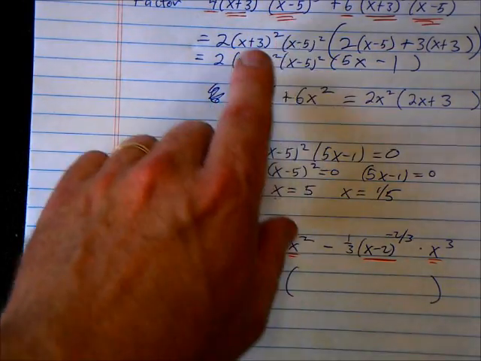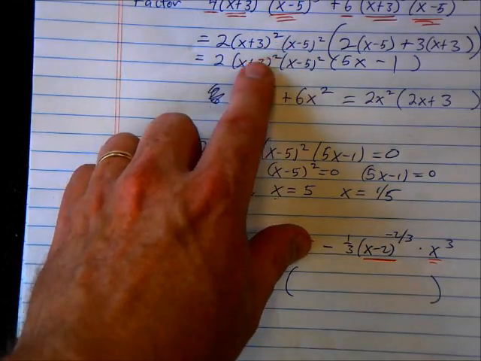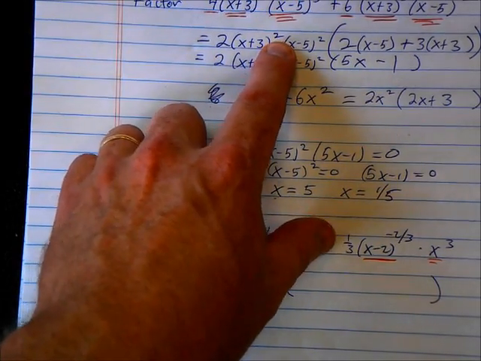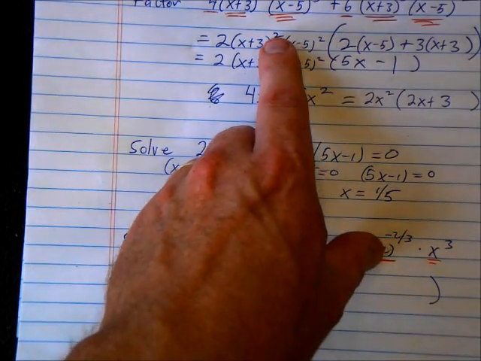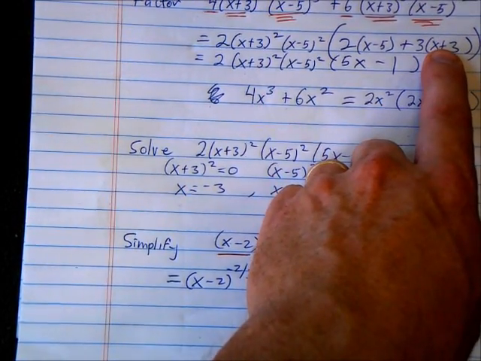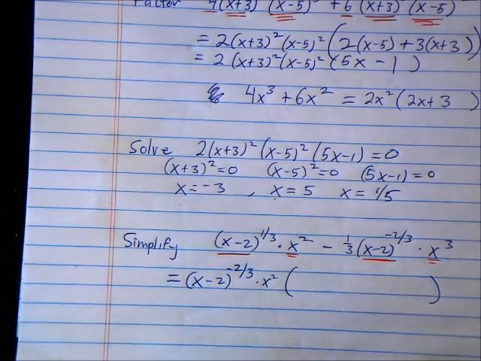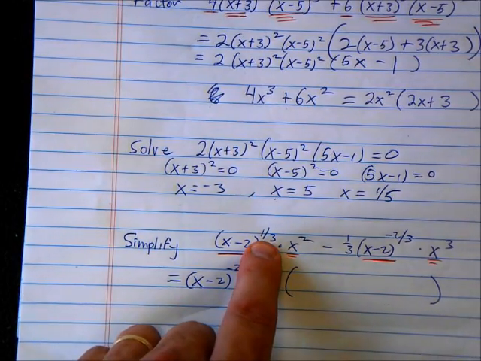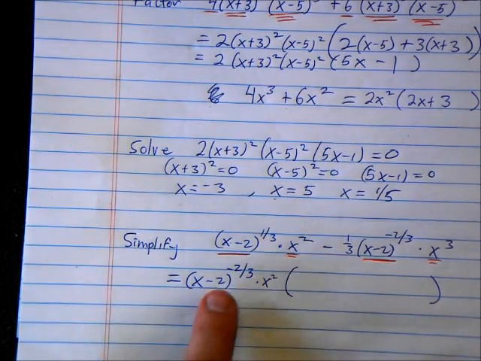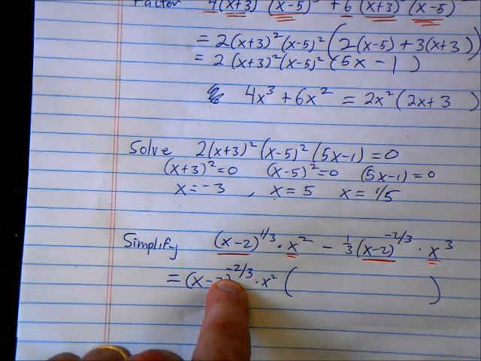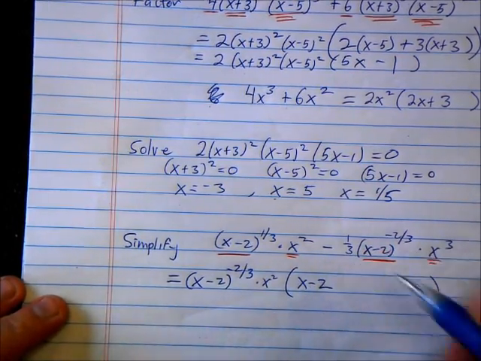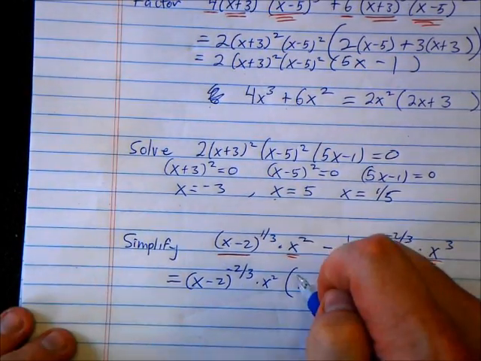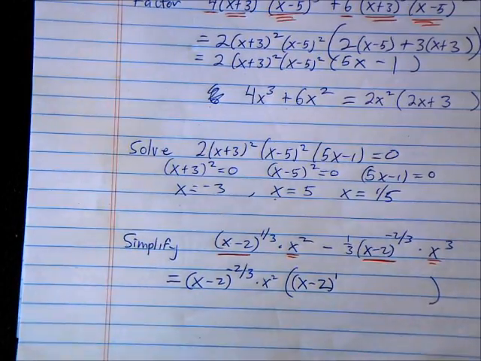Again, back up here, we took out an x plus 2 squared, and on this term over here, we had 3 of them. 3 minus 2 gave us 1 left over. It's the same trick here. You subtract the power. So you're going to take 1/3, and you took out negative 2/3. What's 1/3 minus negative 2/3? It's 1. So we have x minus 2 left over, just to emphasize it, to the 1.